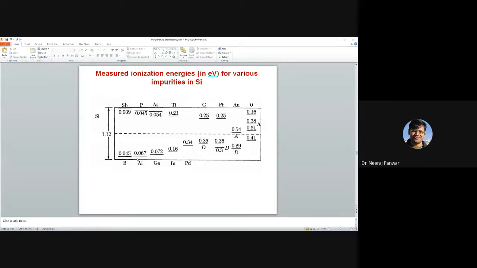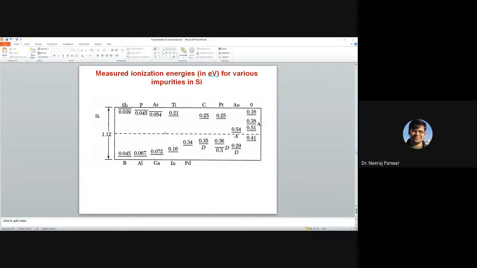The levels which are very close to the valence band are known as the shallow levels, and the levels which are very far from the valence band are known as the deep levels. For example, D here represents donor, but you can see the difference is very, very large. It is 0.3 electron volt. Such levels are known as deep levels.